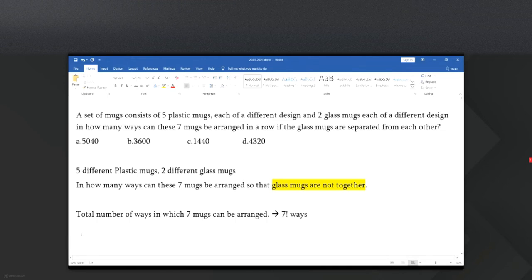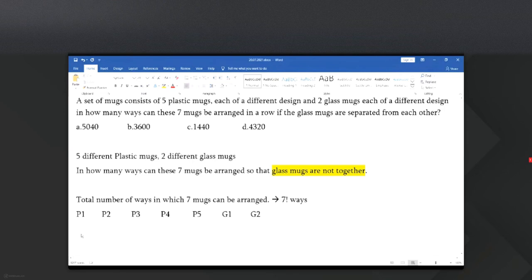So first I'll write this as P1. These are the mugs: P2, P3, P4, P5, and then G1, G2. First I'm going to see in how many ways I can arrange the 7 mugs so that the glass mugs are always together.